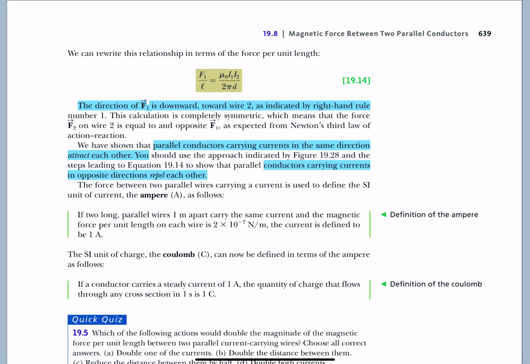And conductors carrying currents in opposite directions would repel each other, because those magnetic fields would not be opposite each other. We can use this equation actually to define what an amp is. We can also use it to define what a coulomb of charge is.